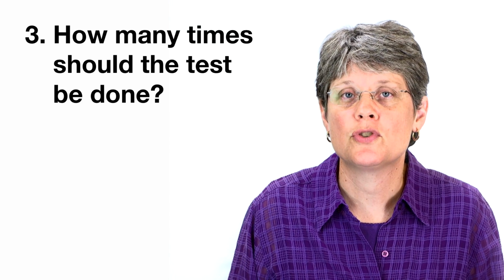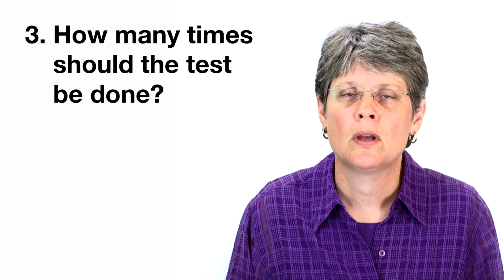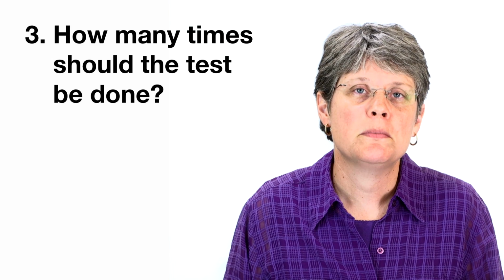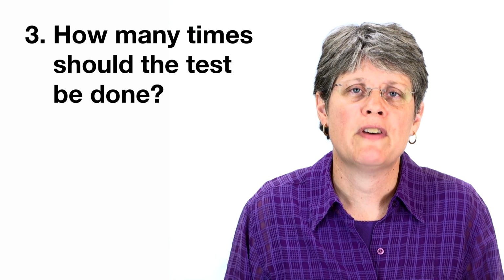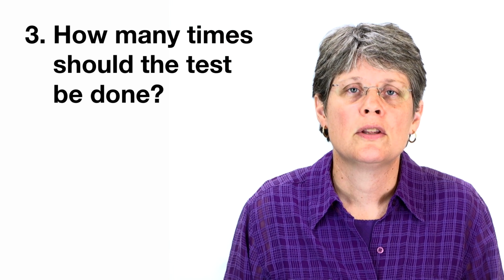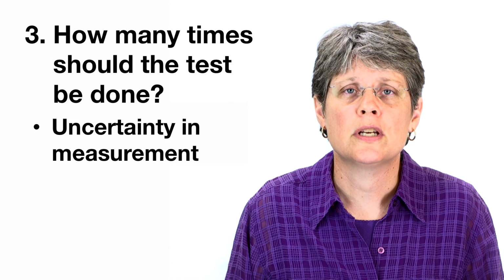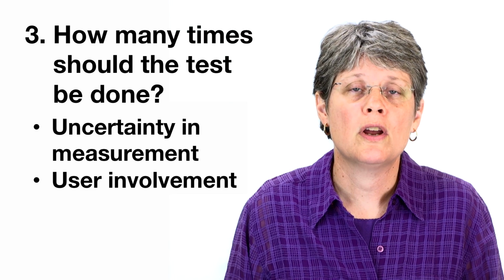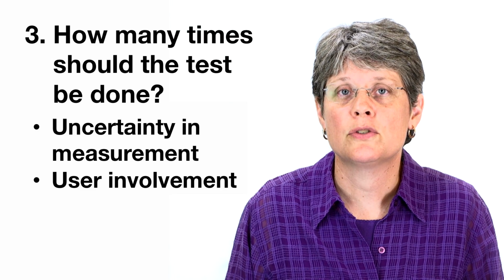The third step to setting up a test is to answer the question, how many times should the test be done? The number of times a test should be done can depend on a number of factors, including things such as the uncertainty in the measurement or involving users with opinions or feelings.